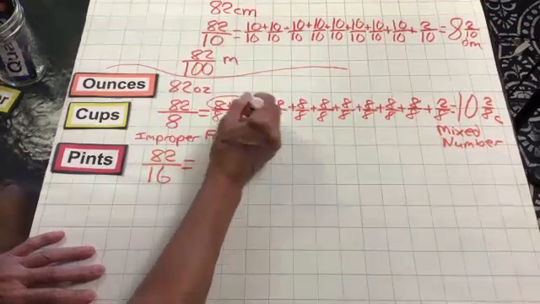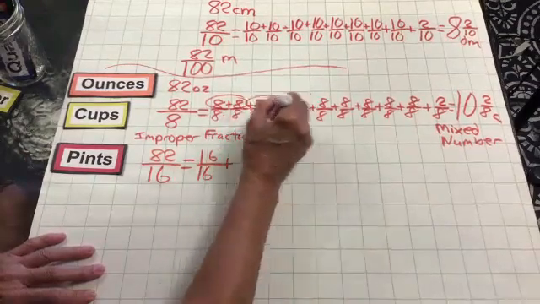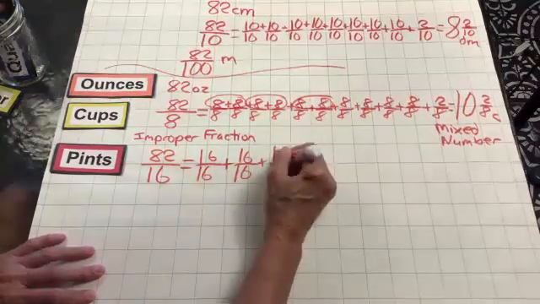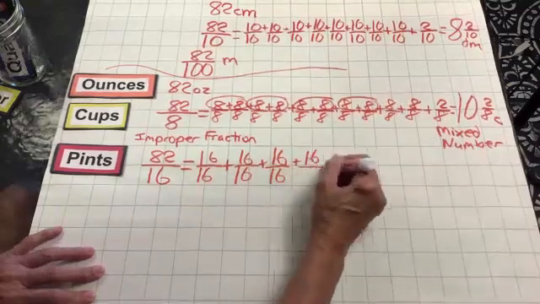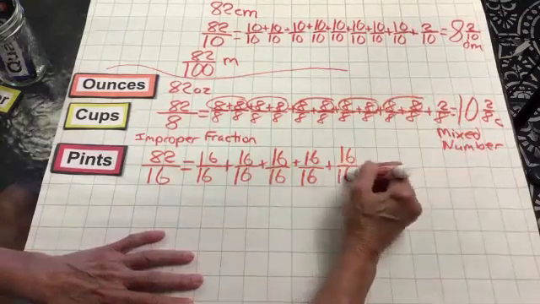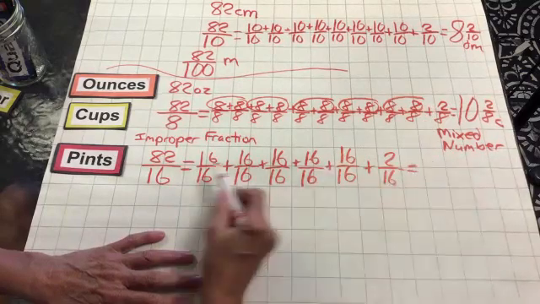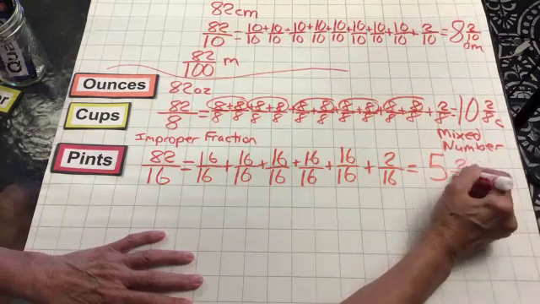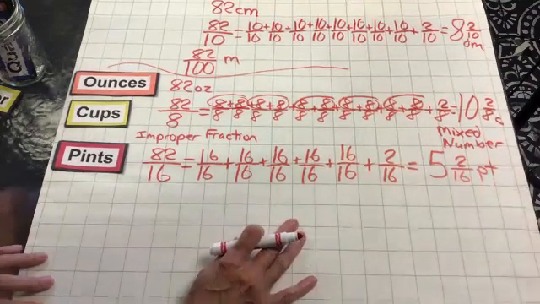So we're going to take these 2 cups and make 1 pint, 16 over 16, plus these 2, 16 over 16, plus these 2, 16 over 16, plus these 2, 16 over 16, plus these 2, 16 over 16, and then we have the 2 over 16. So that is 5 and 2/16 pints. Looking good.